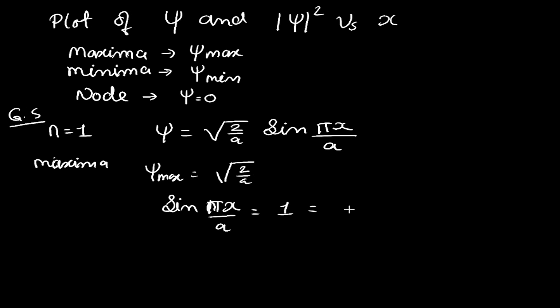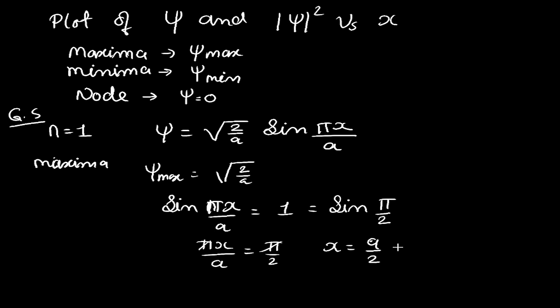The value of sine pi by 2 is 1, so pi x by a is equal to pi by 2, pi cancels, and we will have x equal to a by 2.